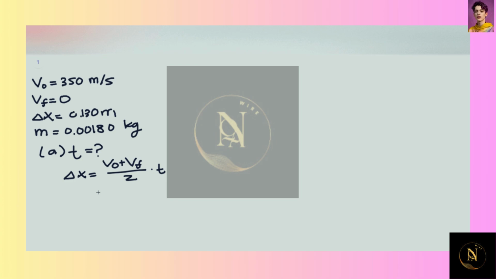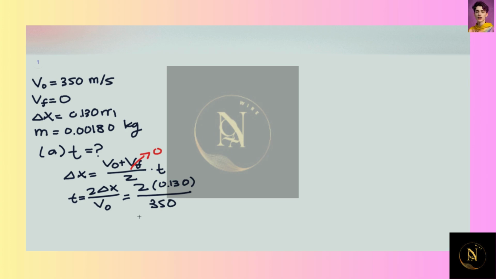We rearrange that to solve for the time interval, and get rid of the final velocity because it is equal to 0. So the time interval is going to be equal to 2 delta x over v naught.